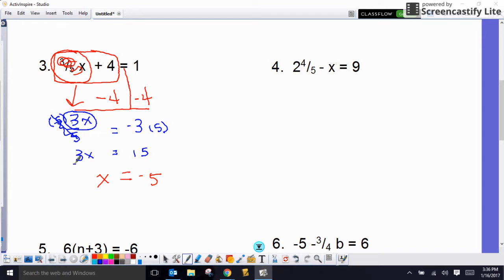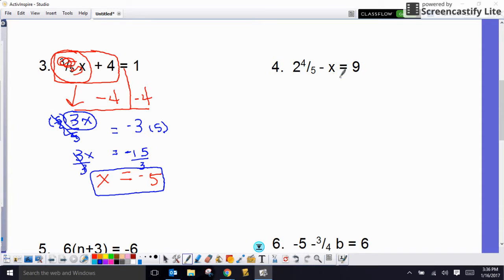And then divide by 3 to get x. Divide by 3. Oops, that was a -15. And -15 divided by 3 is -5. They would rather do it in 2 steps. And you're going to see that from me. Either way works. Let's look at problem number 4.